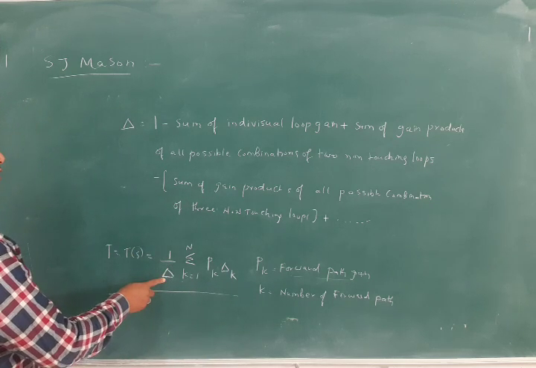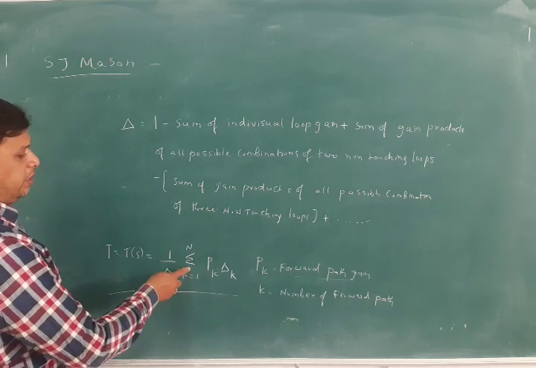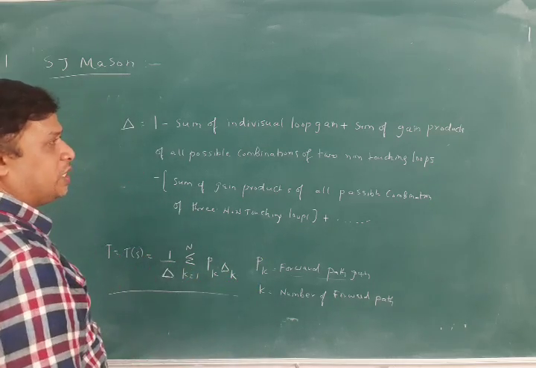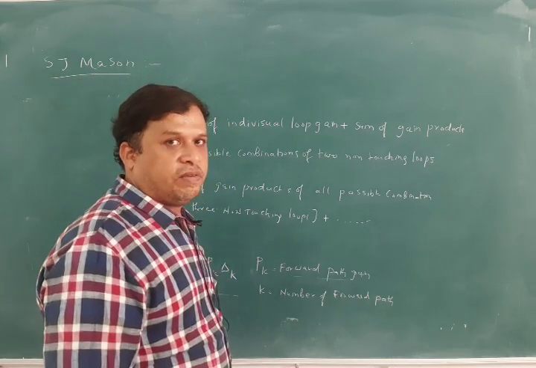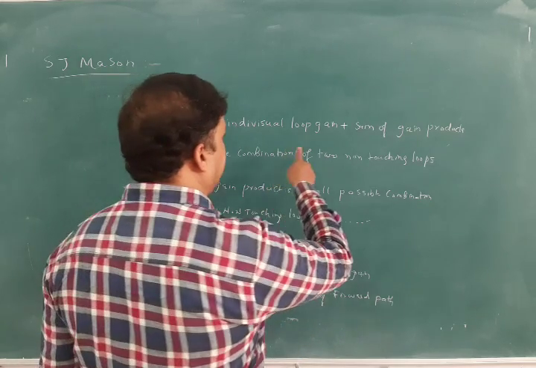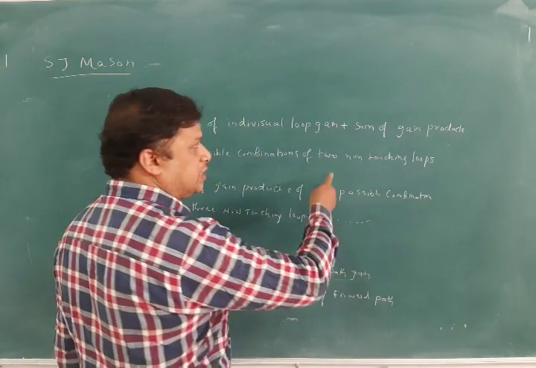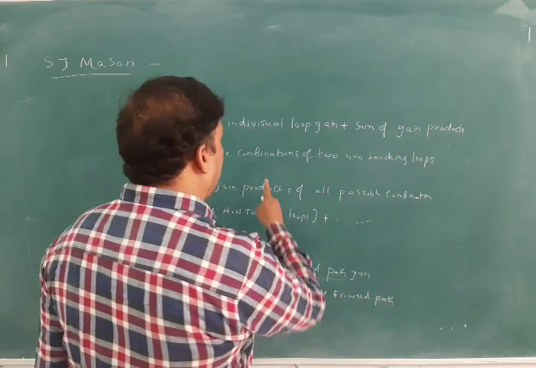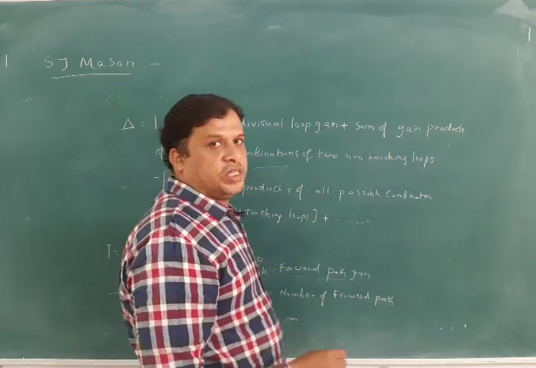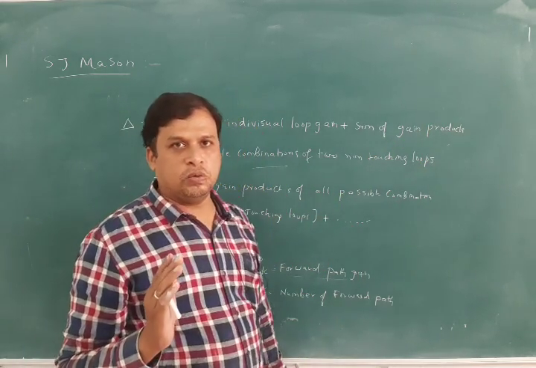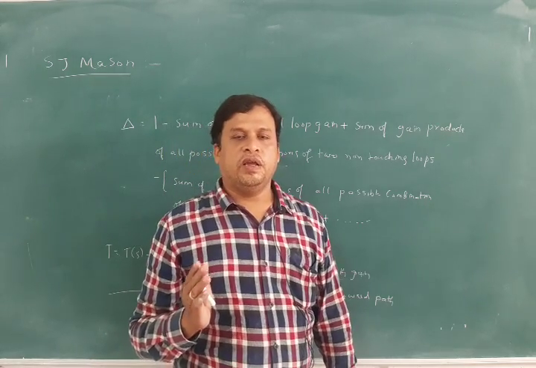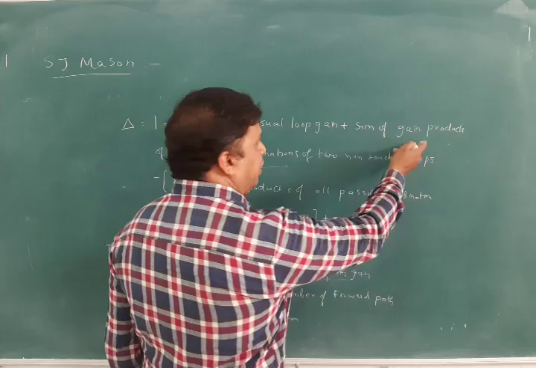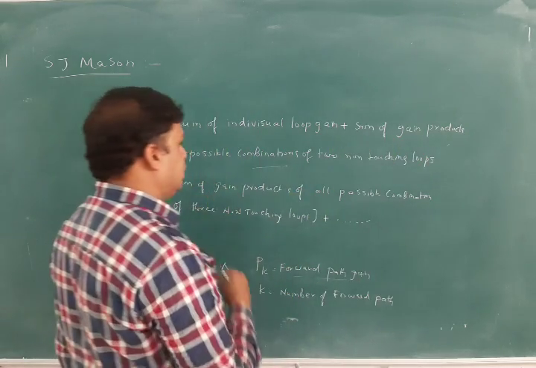you have 1 by delta; you have to find out first 1 by delta, and later you have to do the summation of Pk into delta k. So for that you have to know what a non-touching loop is. If a signal flow graph is given to you, then you have to find out the non-touching loops as well as the sum of the gain products of all possible combinations of two non-touching loops.